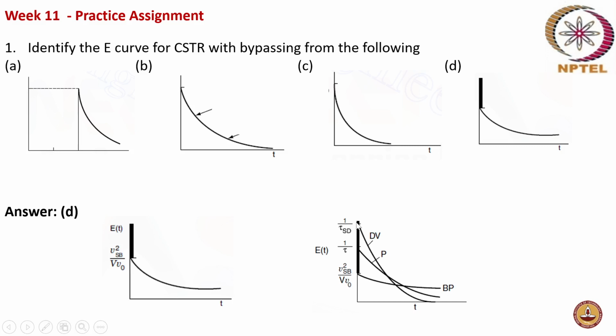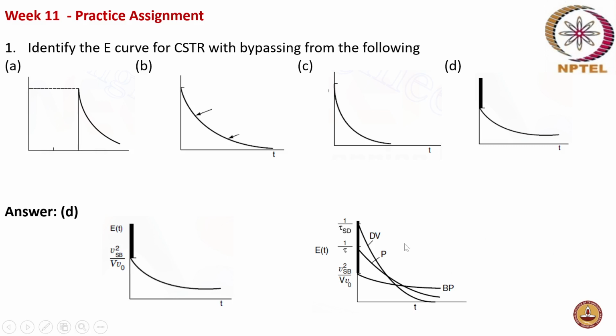Whereas when there is a dead volume, the CSTR with the dead volume will have a tau_SD which is smaller than the space time of an ideal CSTR. Since tau_SD is less than tau, 1 by tau_SD will be greater than 1 by tau.